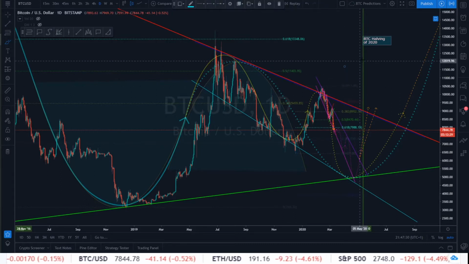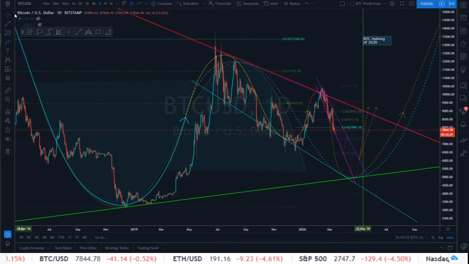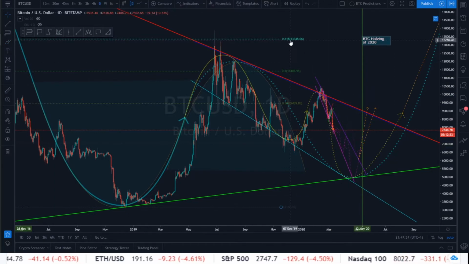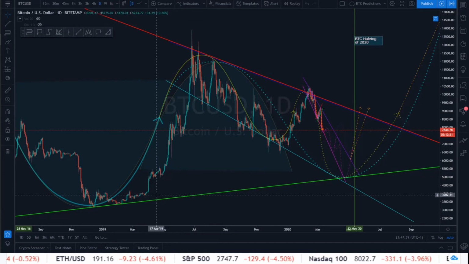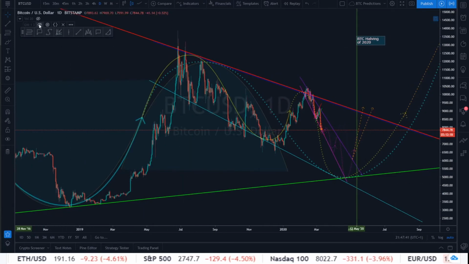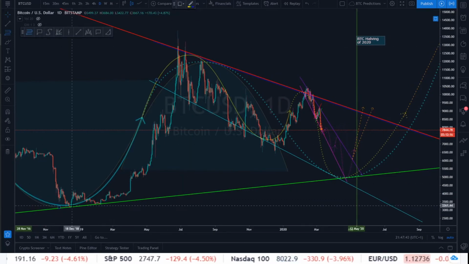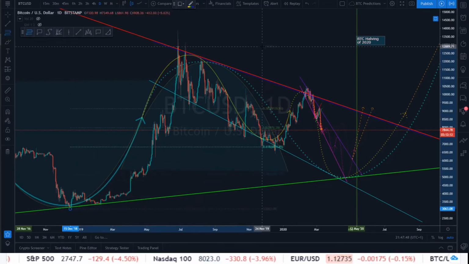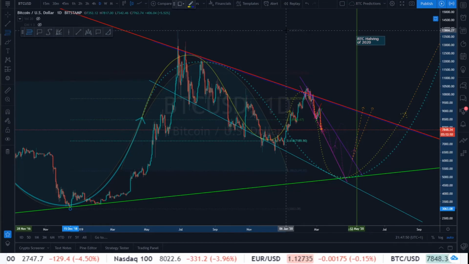With that having said, let's start explaining how we use the Fibonacci retracement. Here's a perfect example. First, start at the lowest point, and then go to the highest point.